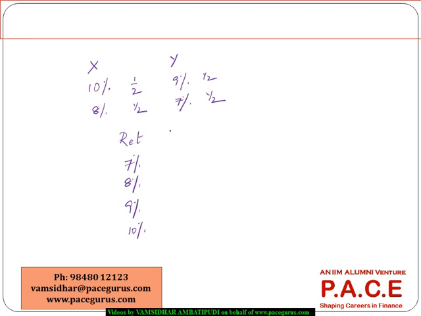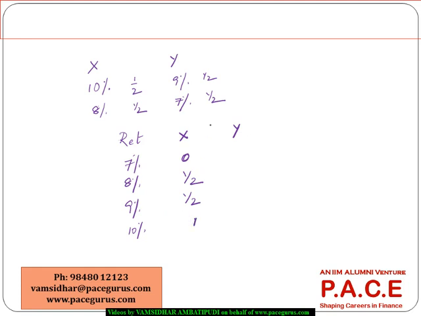In case of x, what is the probability that the return will be less than or equal to 7%? It's almost zero. Less than or equal to 8%? Half. 9%? Again half. 10%?